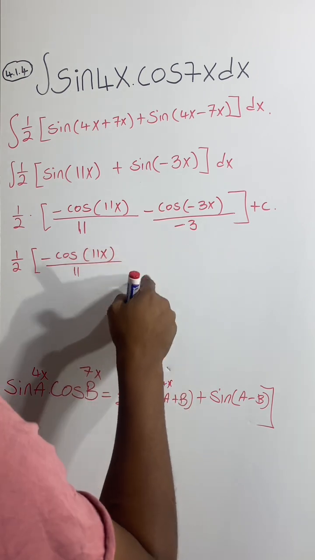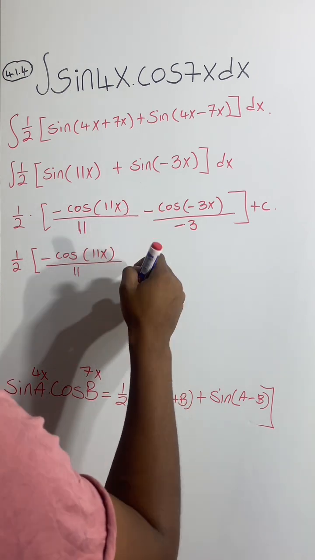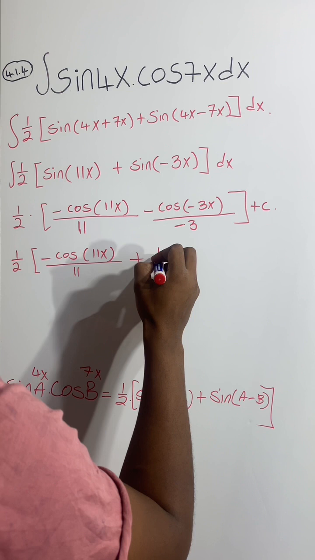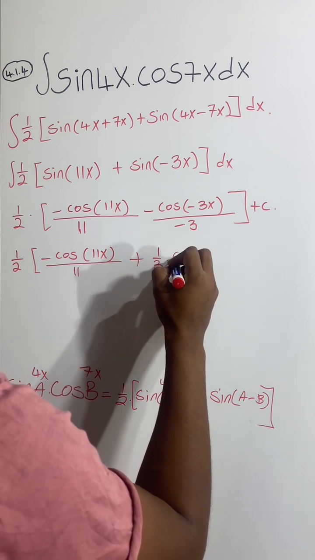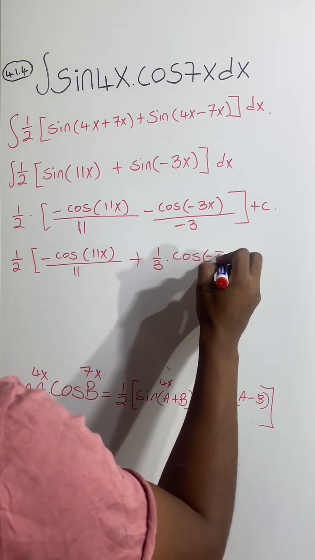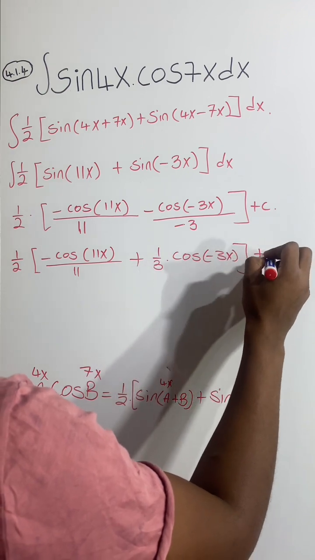That negative divided by that negative will be positive 1 over 3 cos of minus 3x plus c.